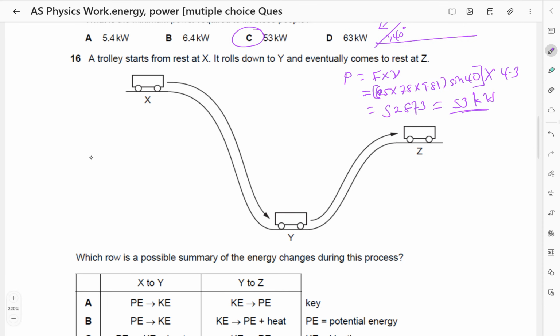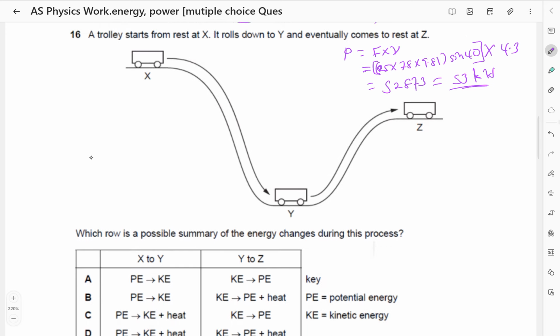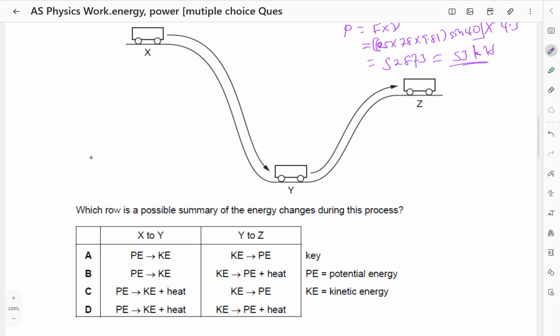A trolley starts from rest at X, rolls down to Y and eventually comes to rest at Z. Which row is a possible summary of the energy changes during this process? From X to Y, we expect potential energy to be converted into kinetic energy.